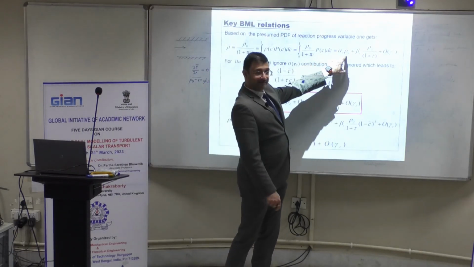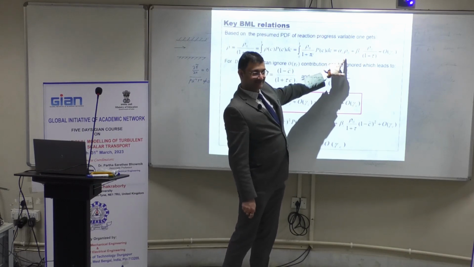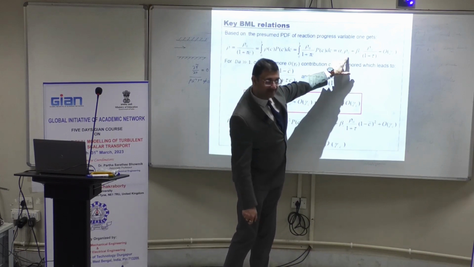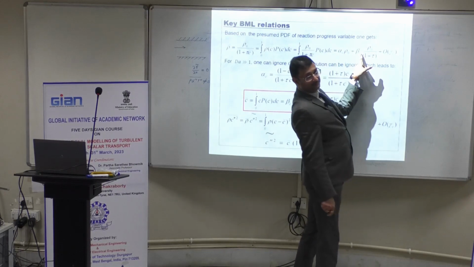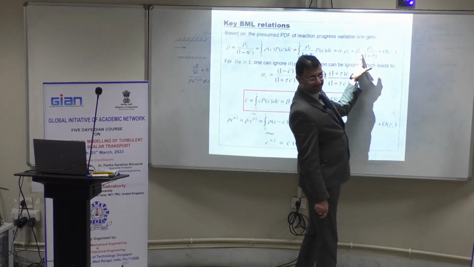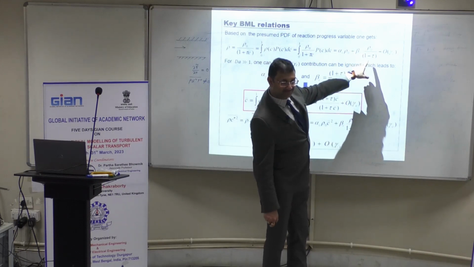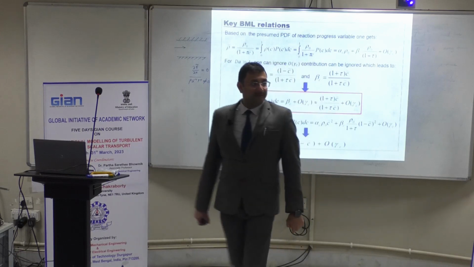See, this part comes because of the unburned contribution, the delta function at C equal to 0. Density there is rho 0. Clear? This one comes from the delta function at burned gas, C equal to 1, and at that point density is rho 0 divided by 1 plus tau.